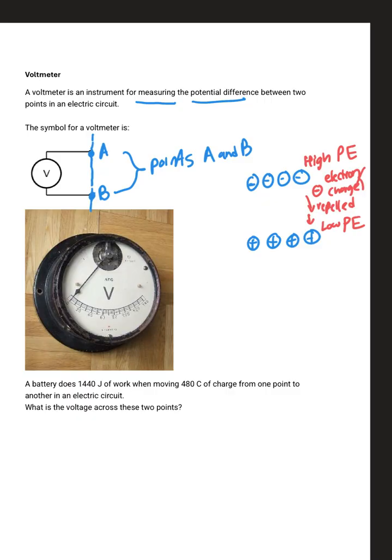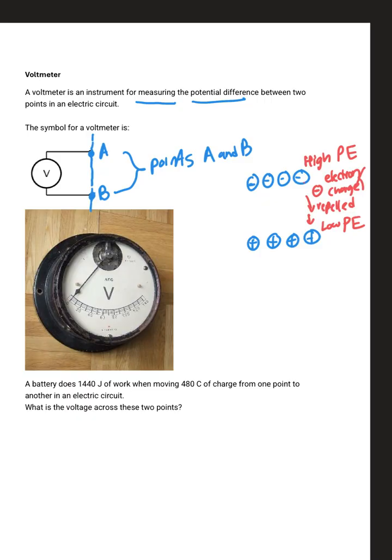This is what happens basically. And then the movement from one point to the next is what we measure as the potential difference.